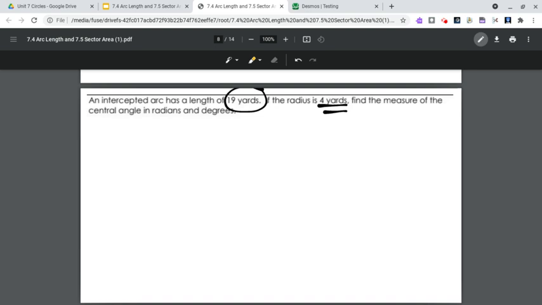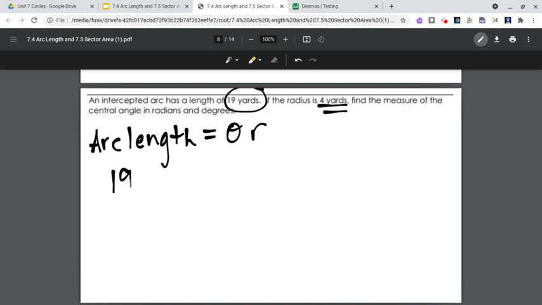Let's first find the measure of the central angle in radians. So we're going to use the arc length formula. Arc length equals theta times radius. Arc length was 19 equals theta times our radius was 4.